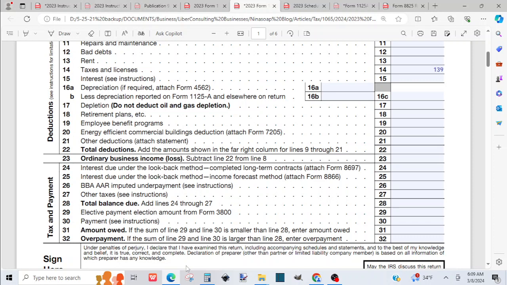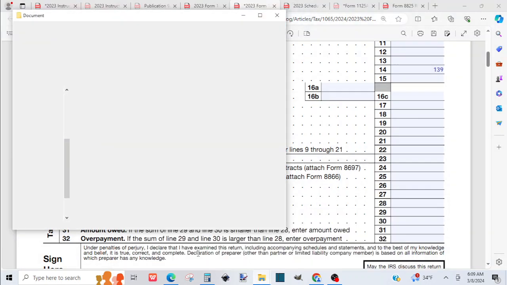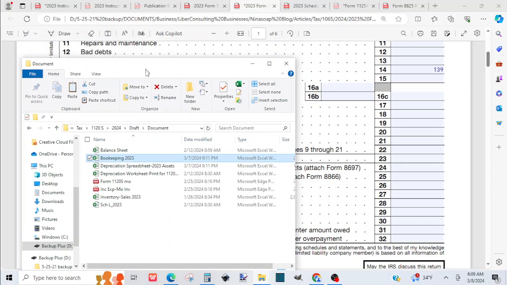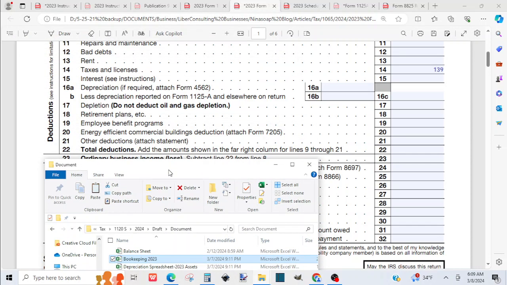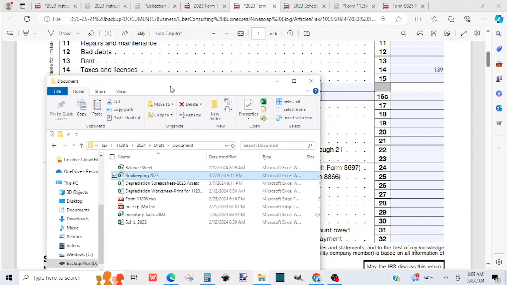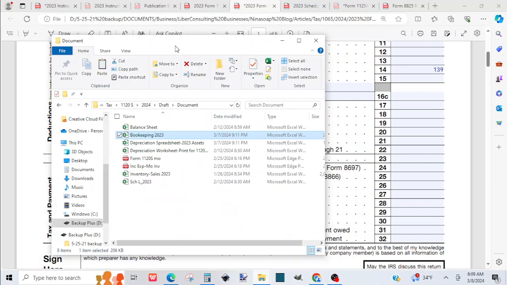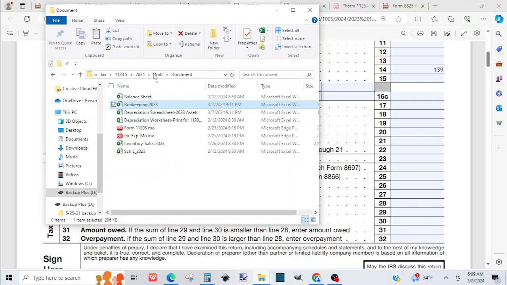If you purchase an asset during the year that you are filing for and you place it in service during that year, you will file Form 4562, depreciation and amortization.